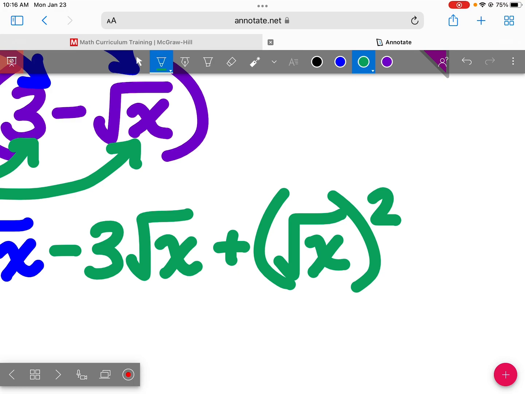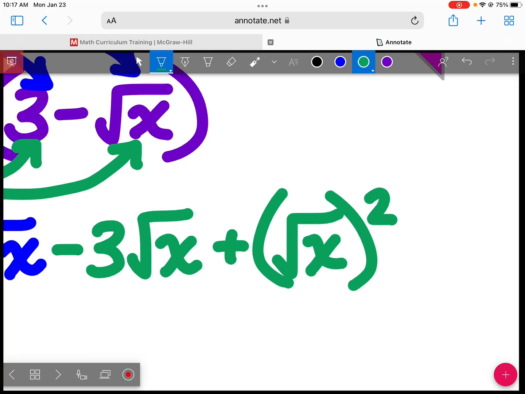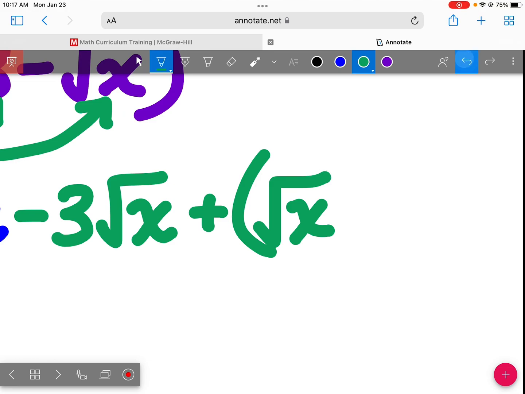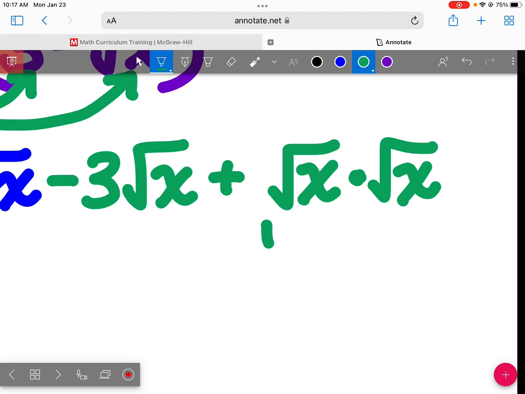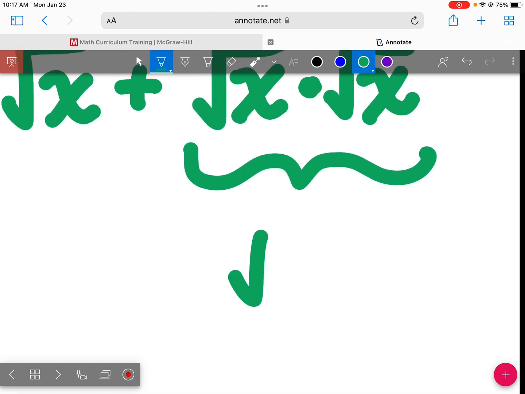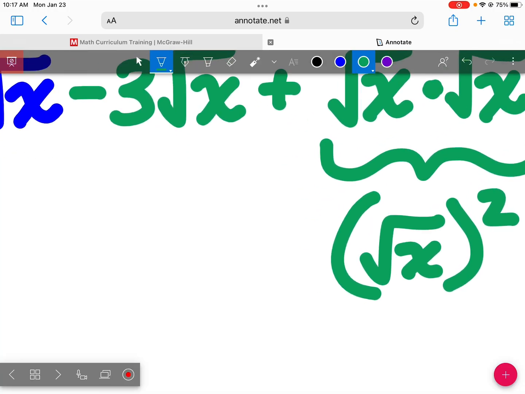Negative square root of x times another negative square root of x. Why wouldn't it just be 1? You sure? Okay. The other way that I could write this is like that, because I took it and multiplied it by itself for that last distribution. Since I'm timesing it by itself, it would be squared.